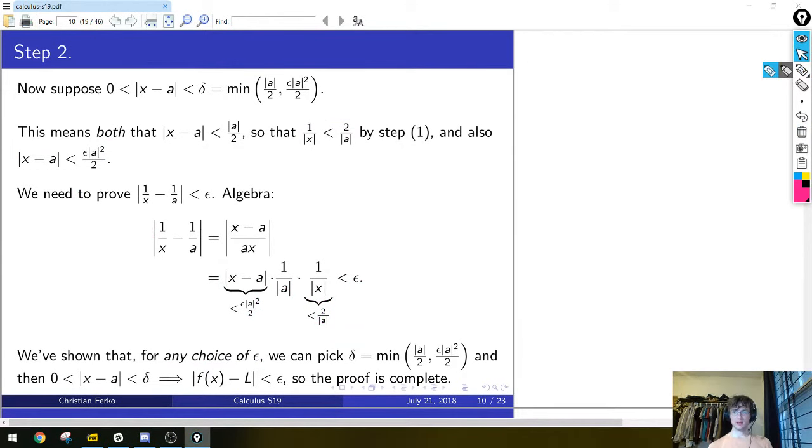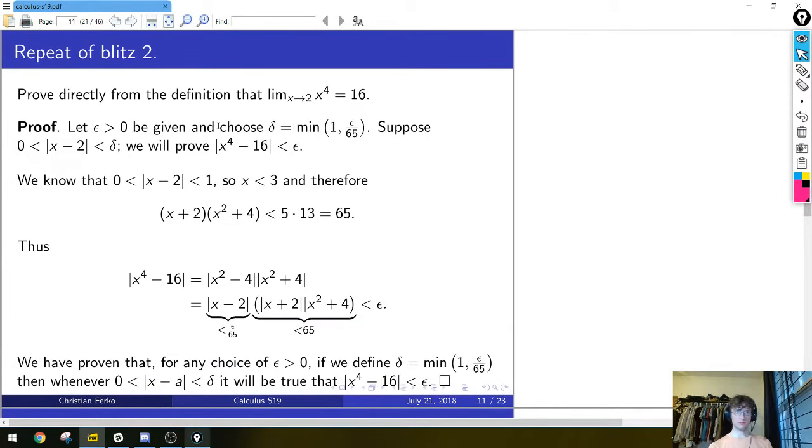I think I have some more. Okay, I'll do this quickly just to emphasize that the problems we've done before are really the same strategy. So what we saw last time, for instance, was this proof that the limit as x goes to 2 of x to the power 4 is 16. And up to modulo the typos, the argument was: let epsilon greater than 0 be given. So you hand me an epsilon.